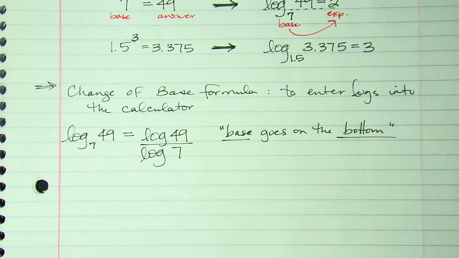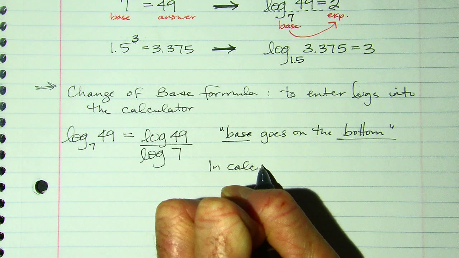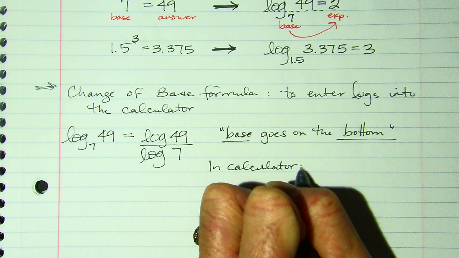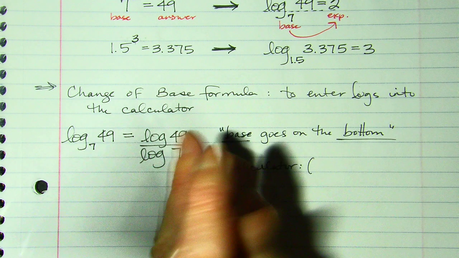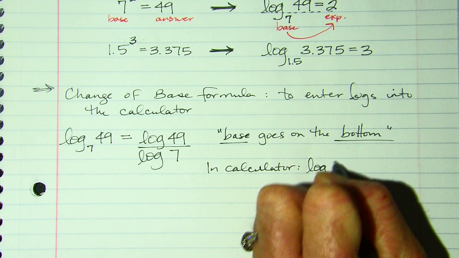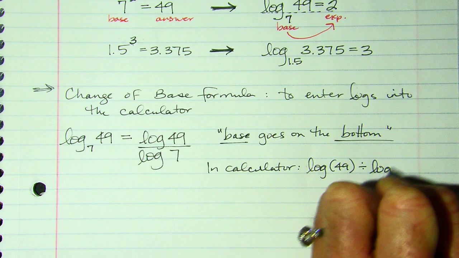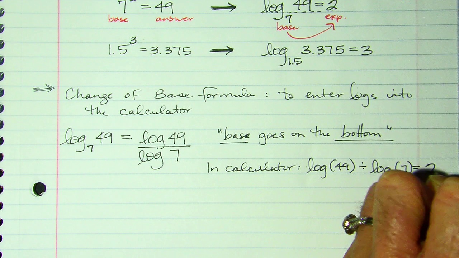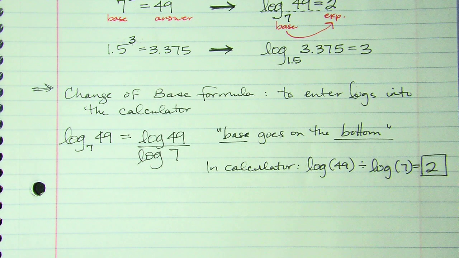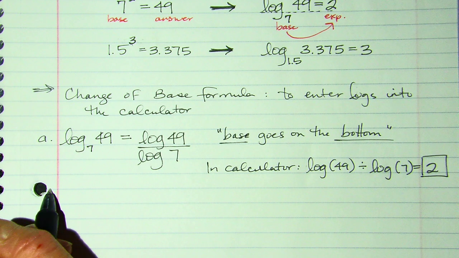So in my calculator and yours, I would enter the following. And this is how it'll pop up in most calculators. The log of 49 divided by the log of 7. And you should get 2. Let's try another one.